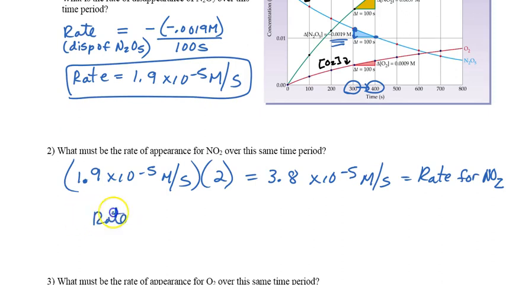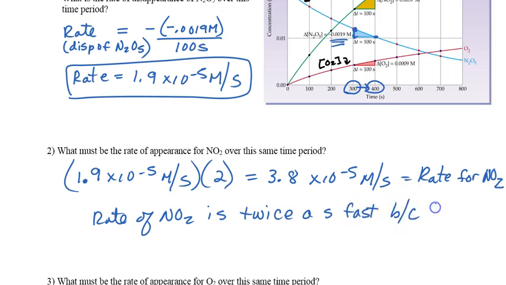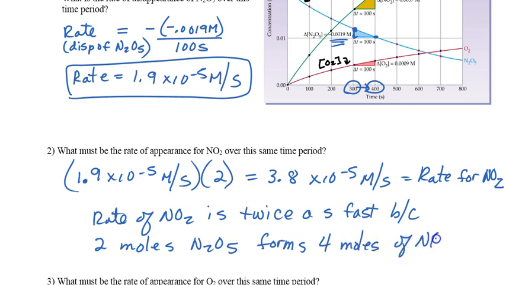Rate of NO2 is twice as fast because 2 moles of N2O5 forms 4 moles of NO2. So all we had to do was multiply by 2. That is the key, right?